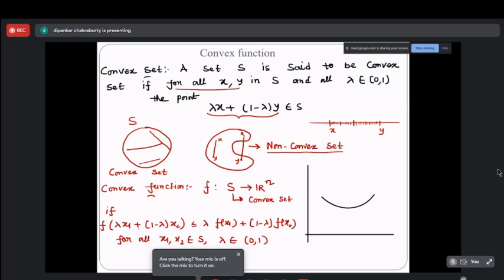If this relation is true for each and every value of x1 and x2 belongs to S and for lambda belongs to 0 to 1, then we can say this function is a convex function.